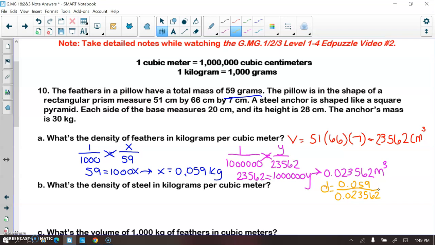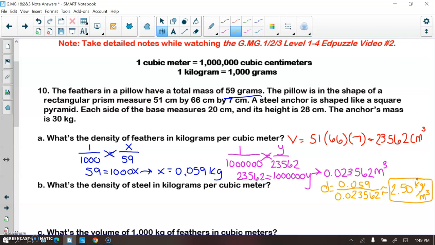And I'm going to round my density as approximately 2.50 kilograms per cubic meter. That's my density of the feathers.